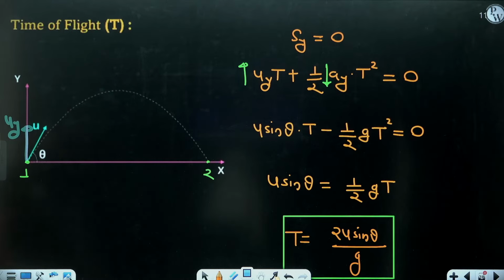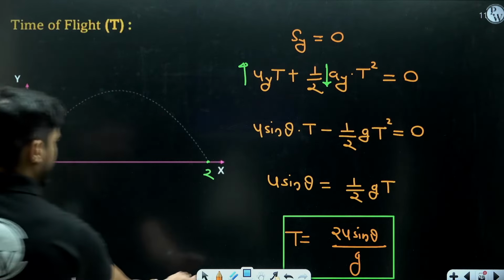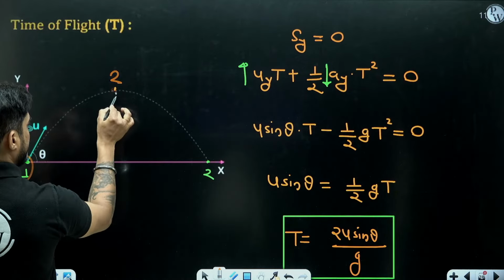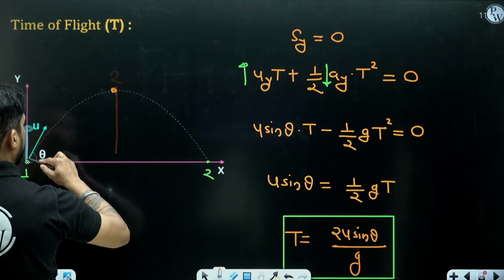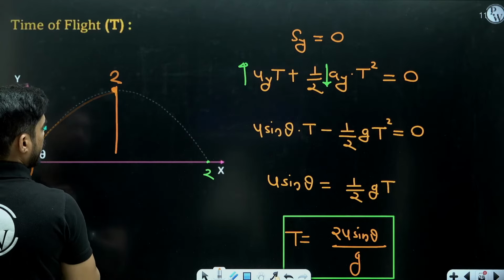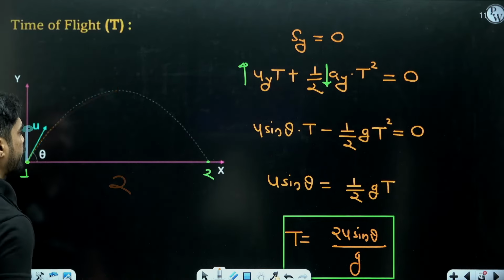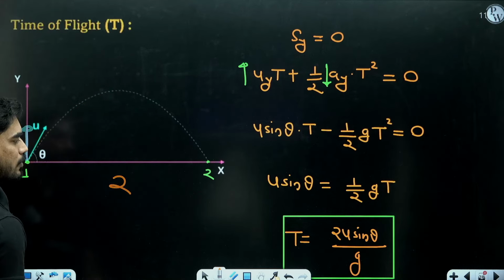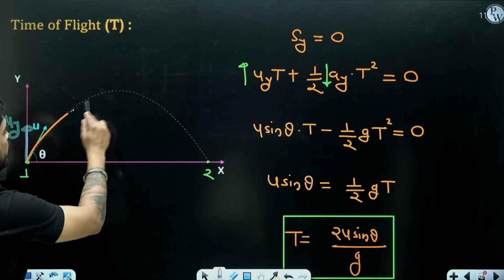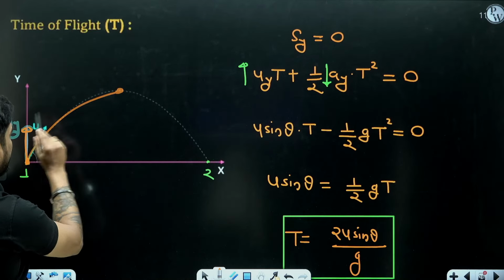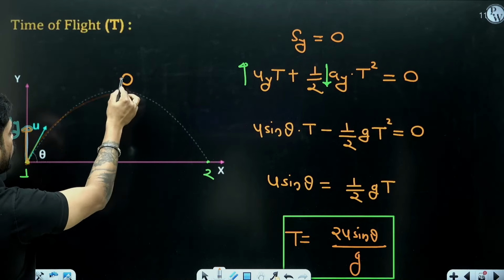There is another way of doing it. You can consider this point as point number 1, this point as point number 2, the center point. You can calculate the time from here to here, and then you multiply by 2 in that equation and you will get capital T. You can do it like that also. From here to here, you know that initial velocity is uy and final velocity will be 0 in y direction.